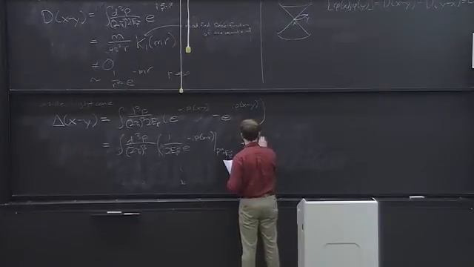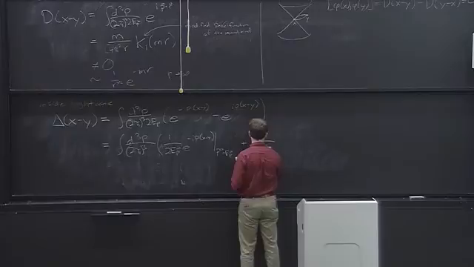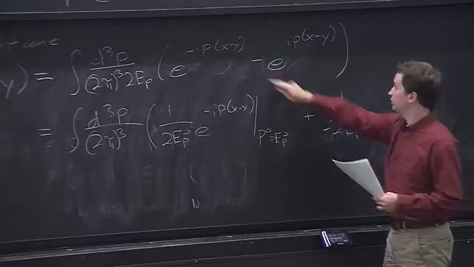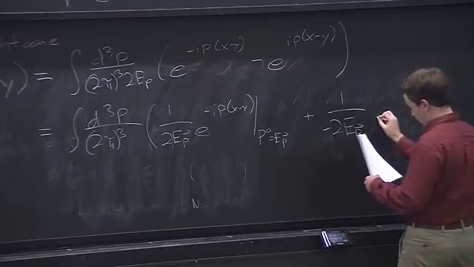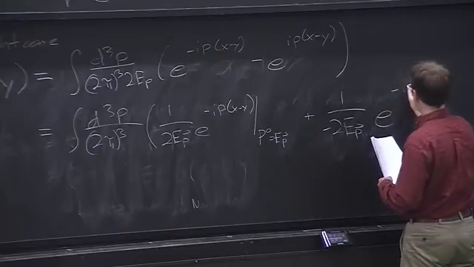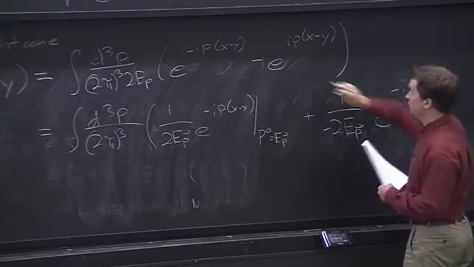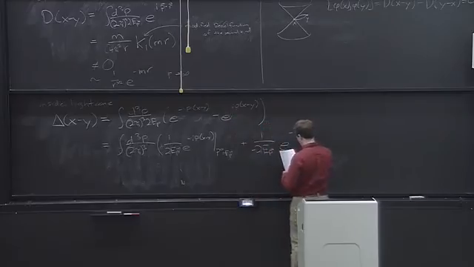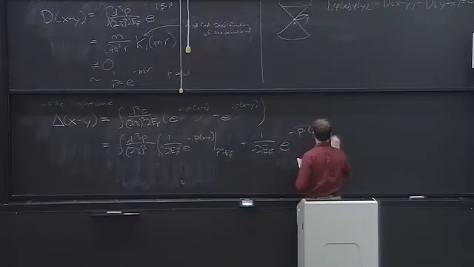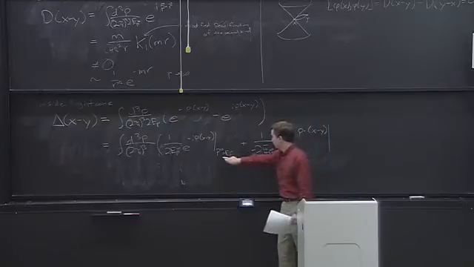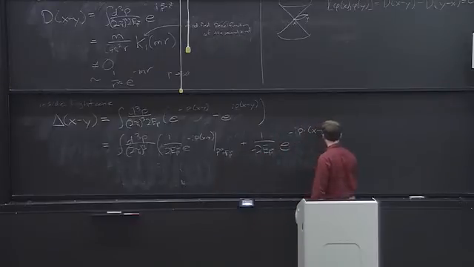I'm going to write this as plus 1 over minus 2E_p. And I'm going to flip the sign of this exponential as follows, where instead of evaluating p naught at E_p, I'm going to evaluate it at minus E_p.